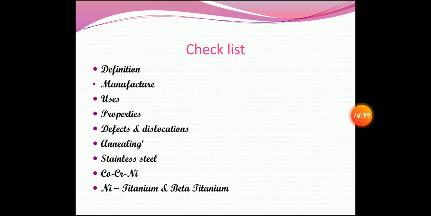And then coming to the individual sections like stainless steel, cobalt chromium, nickel titanium alloys and their uses, the specific properties like shape memory and super elasticity, and the beta titanium, which is the only metal which can be welded. Okay, so up to now we have finished the topic of wrought alloys.